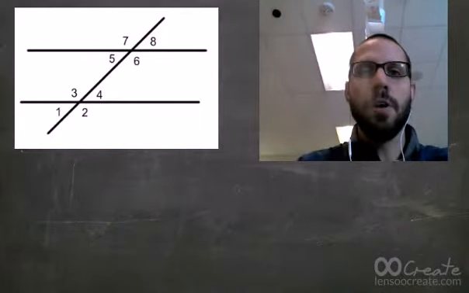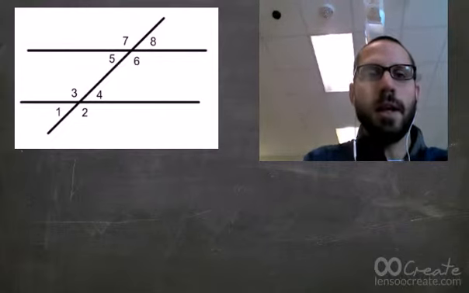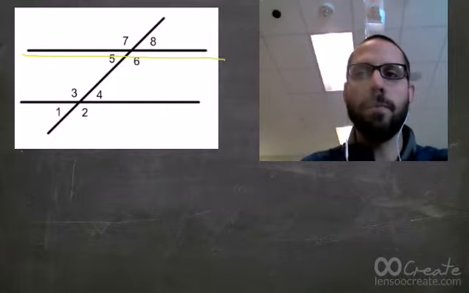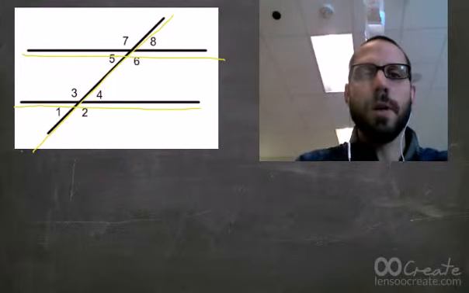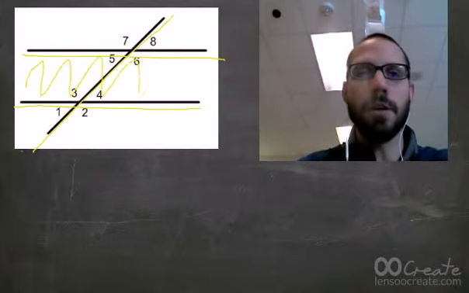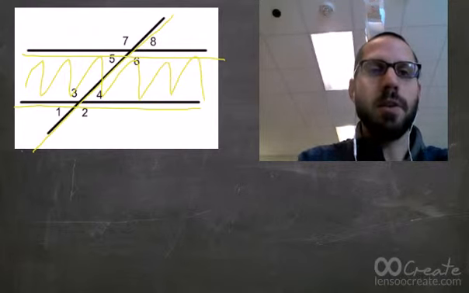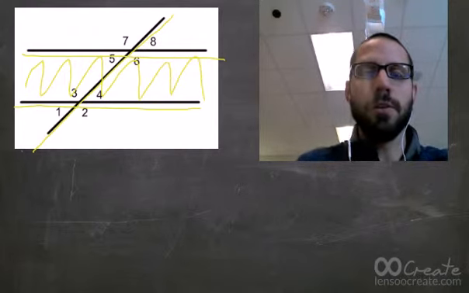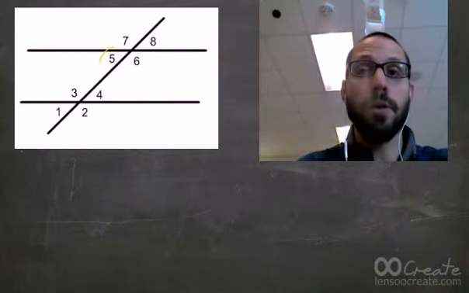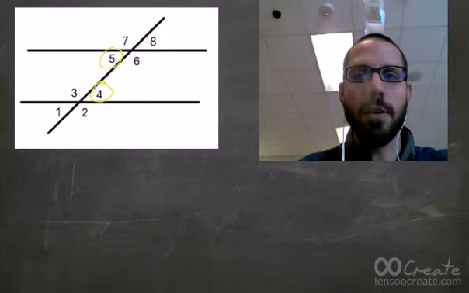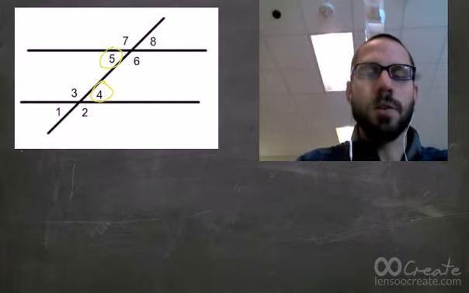All right, our last definitions for the day. Alternate interior angles. So when we have two lines cut by a transversal, they create some unique pairs of angles. The inside, right in here, is the interior. So if we're talking about alternate interior angles, that would be 5 and 4 are both inside, interior, and they're on opposite sides of the transversal.